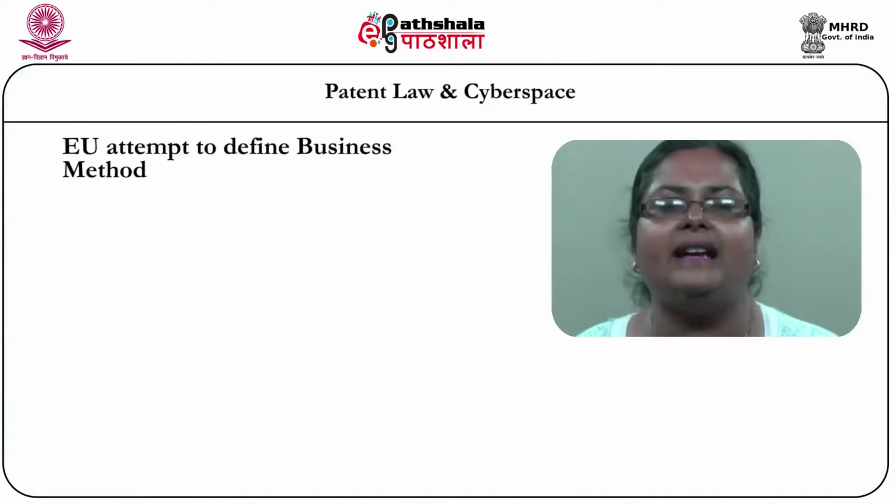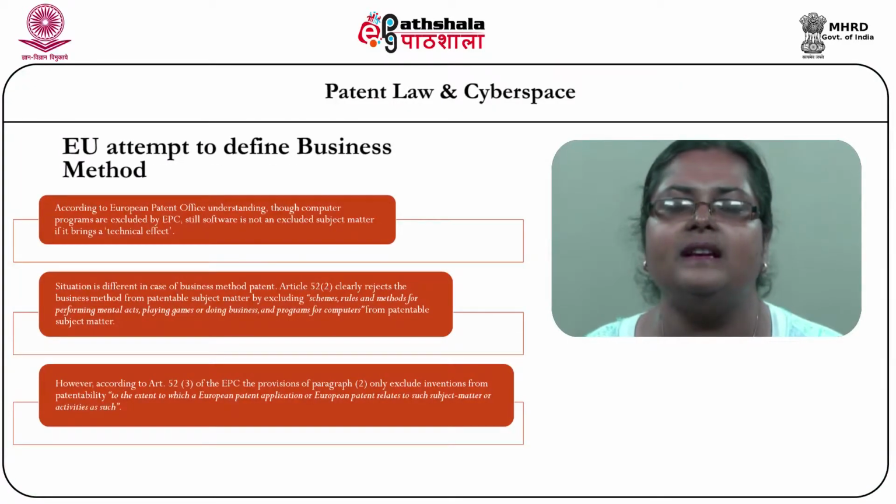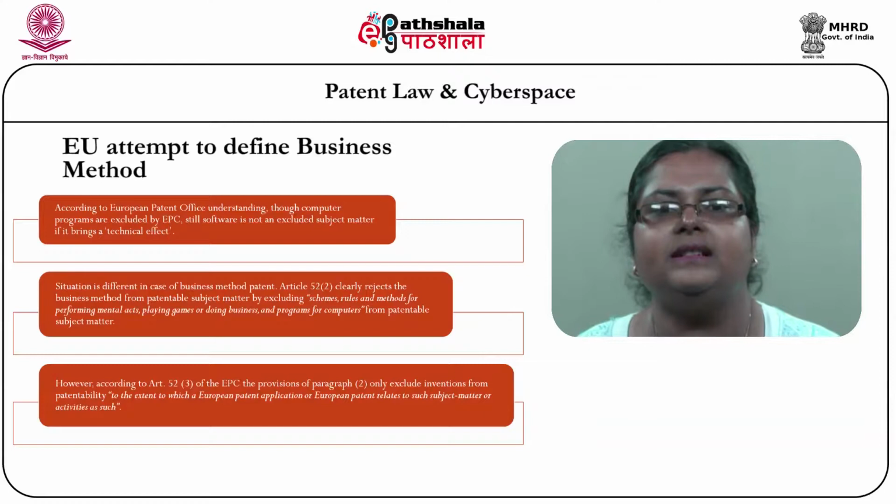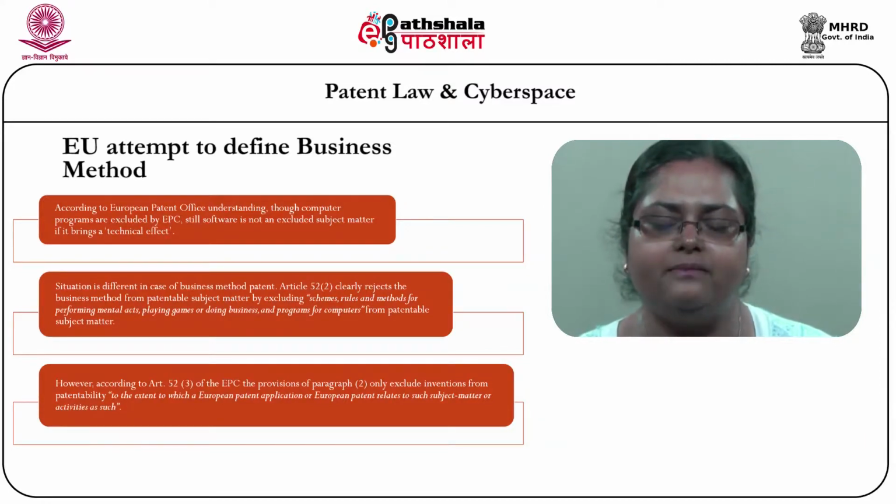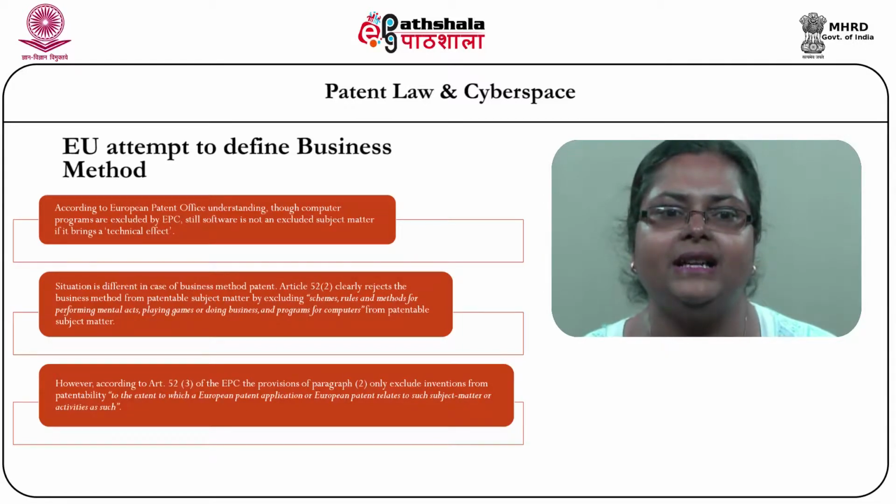Now, as I have said, one European Union definition was rejected earlier. They tried again, and according to the European Patent Office, they tried to formulate one business method definition and they included one particular term, technical effects.